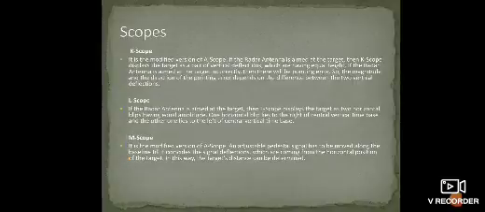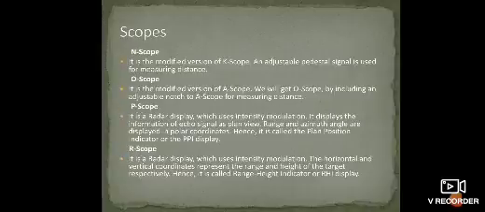Already I have told that the M scope is also used for measuring distance, and N is also used for measuring distance only. O is also used for measuring distance only, but an adjustable notch is applied across the A scope. That means a notch is adjusted on our A scope.